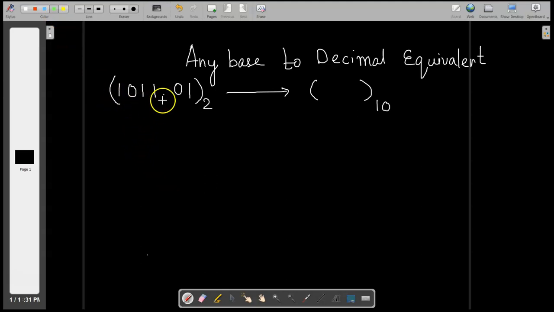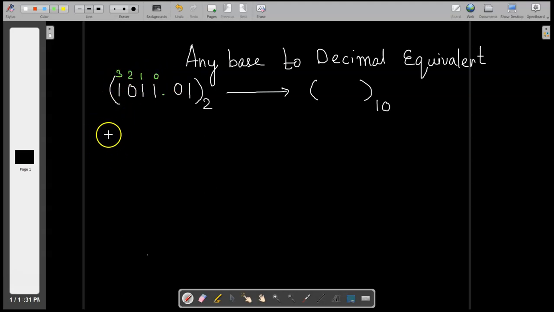Only for a binary number without any decimal point we have already done. So how do we go about it? 1, 2, 3, 4, 4 digits are there, so there will be powers 0, 1, 2, 3. We don't need to write once you figure it out. This is only for your understanding that I'm writing it over here.